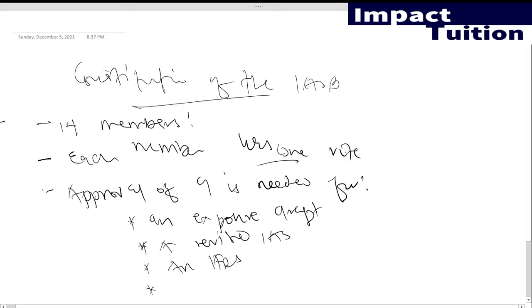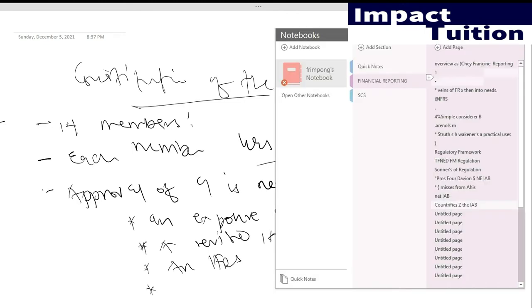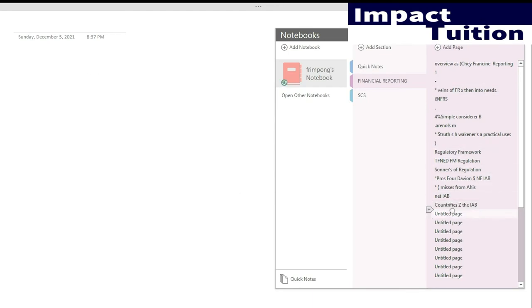We continue our discussion with some of the bodies in the IFRS Foundation. We have the IFRSIC, which is the International Financial Reporting Interpretations Committee. They have roles.